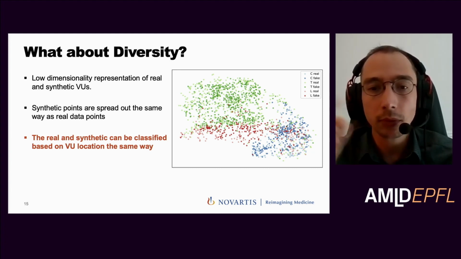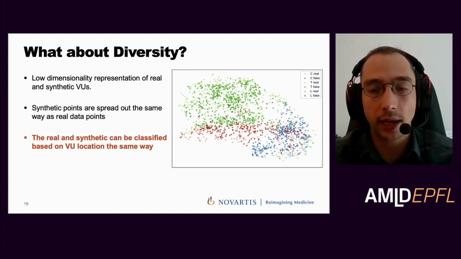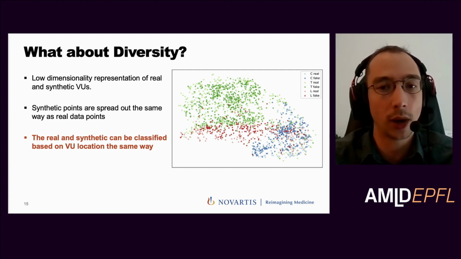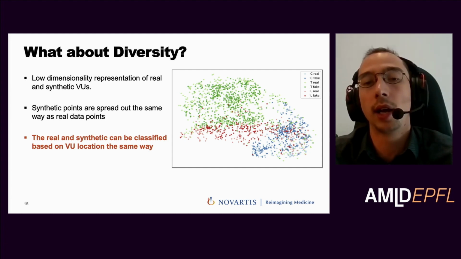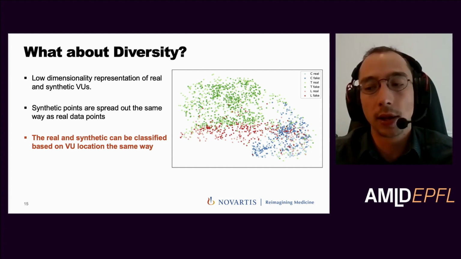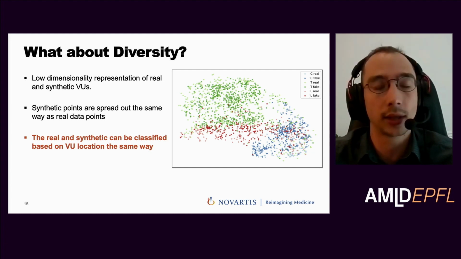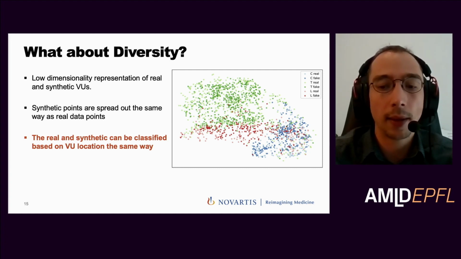And what's also very interesting is that the different classes, so cervical, thoracic, or lumbar, are also very well spread and conserved by the synthetic data. So synthetic thoracic are in the same place as real thoracic images, for example.